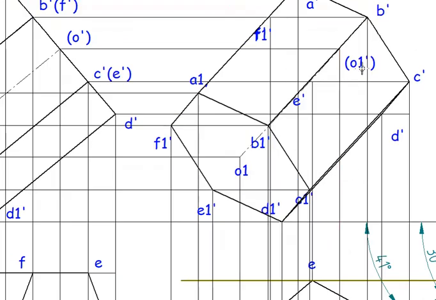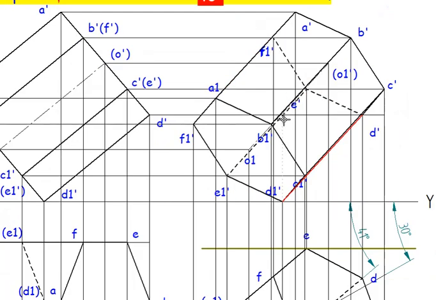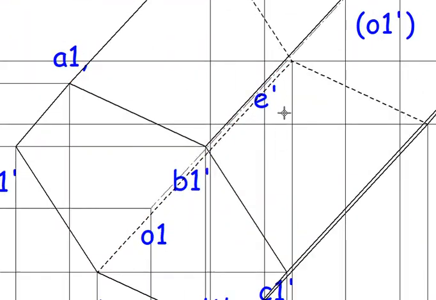So E dash to E1 dash is hidden line, E dash to F1 dash is hidden line, E dash to D1 dash is hidden line. So that means lines joining E are hidden lines. So we are going to keep this inside the bracket.